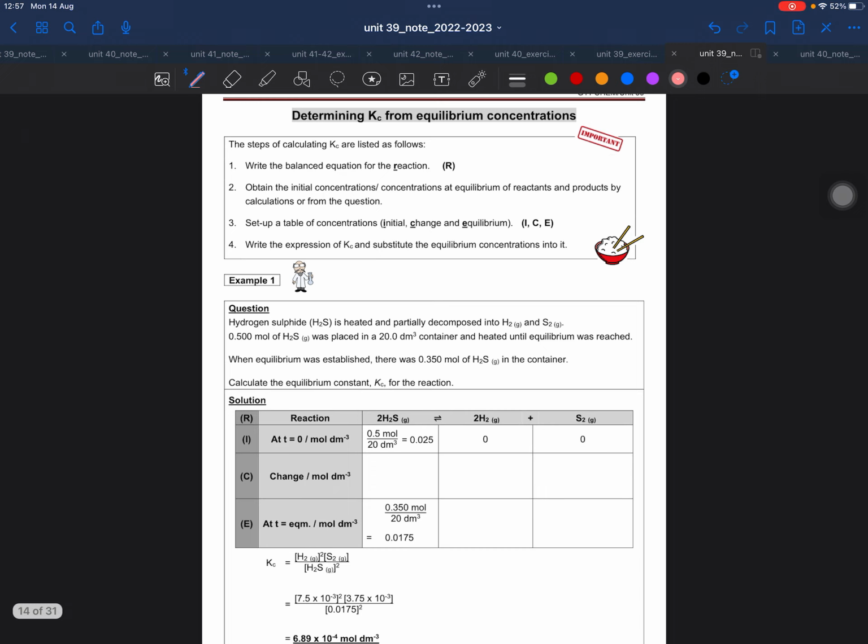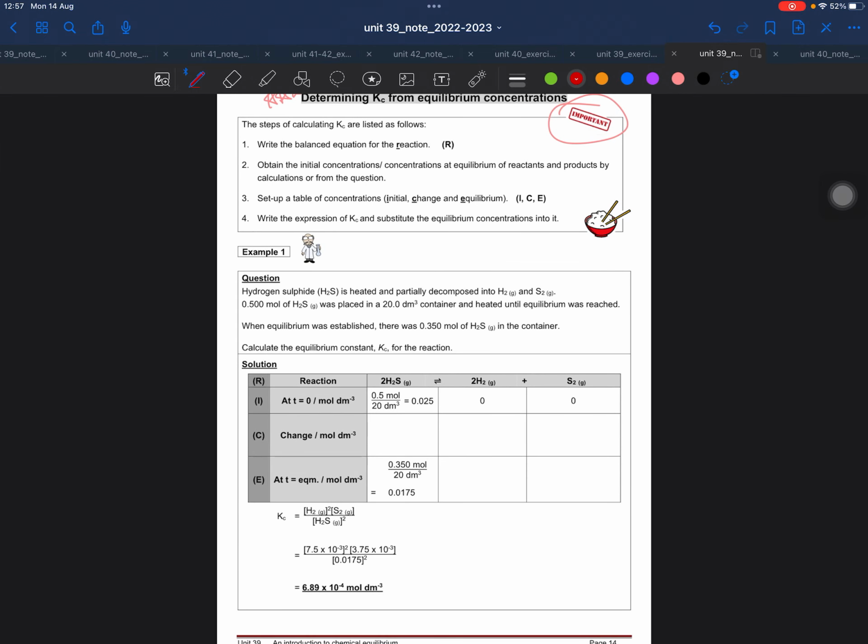Alright. Then here is the important part, so please pay attention. And don't worry, the math is simple. In order to calculate the value of Kc or the equilibrium concentration, we have the following steps. Okay, trust me, if you follow the steps, everything is simple. We have 4 steps called RICE.